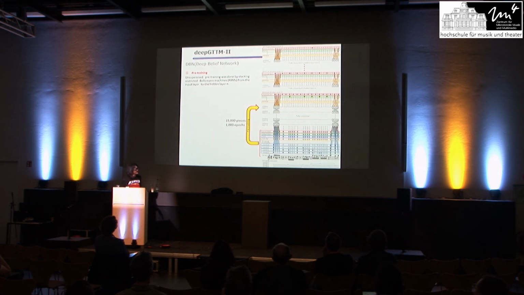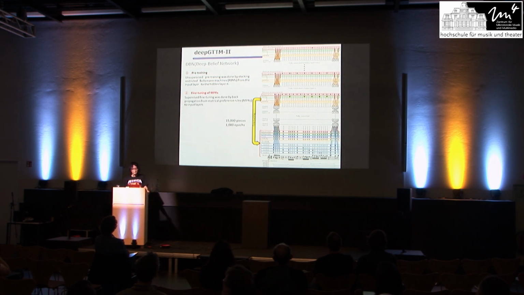And direct learning from input to output is impossible. So we made 4 steps. First, unsupervised pre-training was done by stacking restricted Boltzmann machines from the input layer to the hidden layer N. Second, supervised fine-tuning was done by backpropagation from metrical preference rules to input layers.